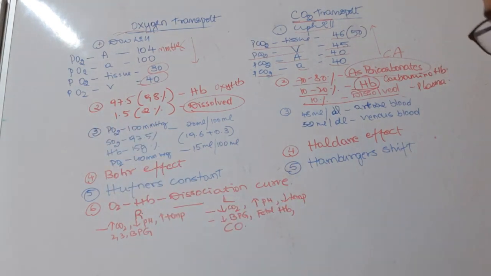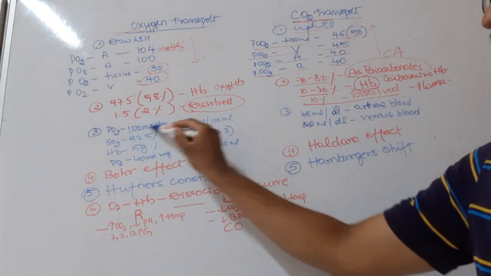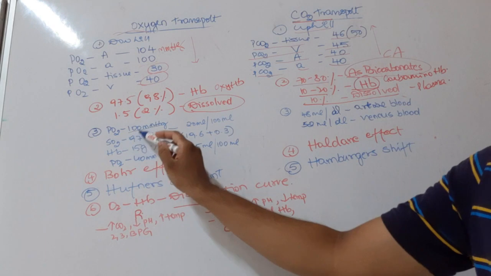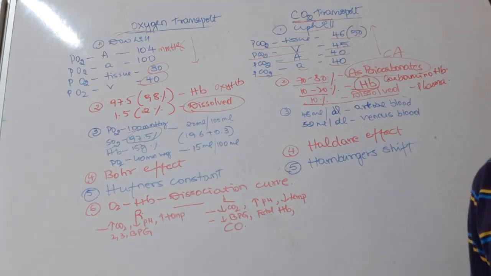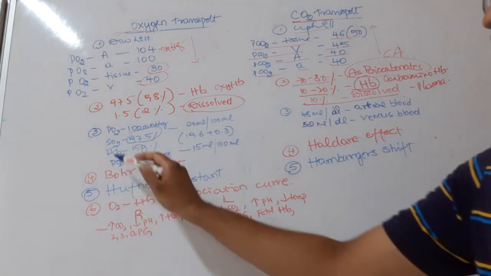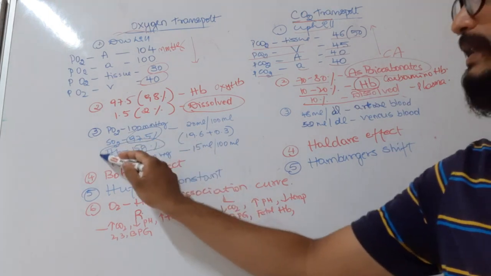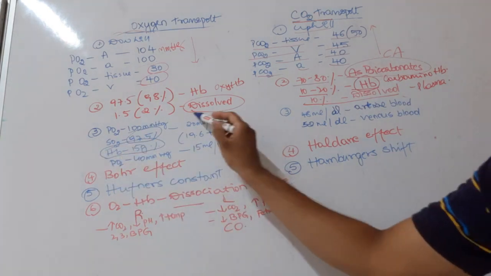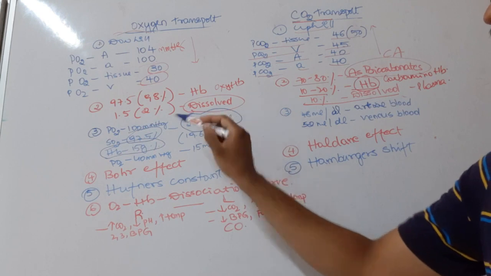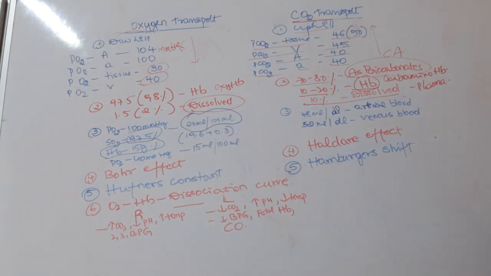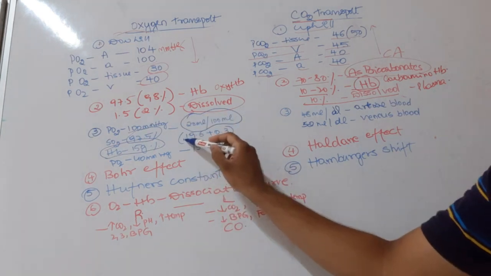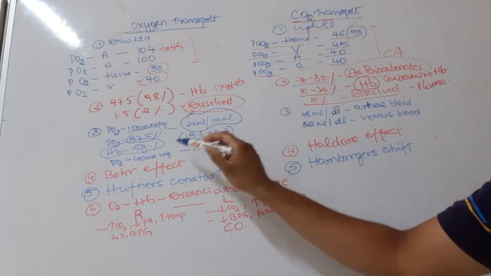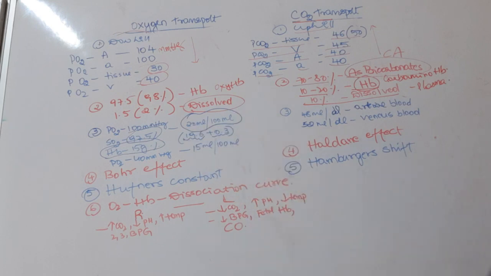If you look at the milliliters of oxygen and carbon dioxide transported: if the partial pressure of oxygen is 100 mmHg on the arterial side, the hemoglobin is 97.5% saturated, and if the hemoglobin is 15 gram%, it carries about 20 ml of oxygen per 100 ml (deciliter) of blood. That is 19.6 bound with hemoglobin and 0.3 in the dissolved state.